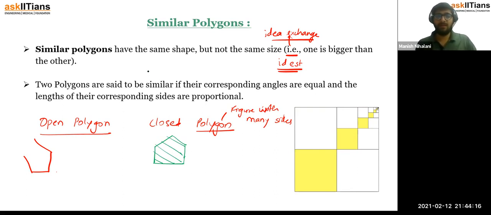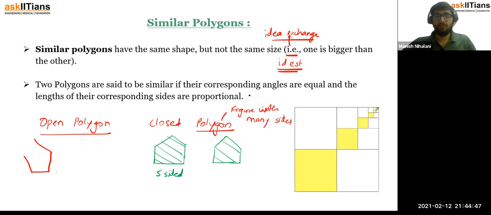So when we say there are two polygons, for example this is a pentagon, a 5-sided polygon, and this is a pentagon, exactly similar, right? These two pentagons are similar to each other because they have the same shape, but not the same size. If the sides of the pentagons are not the same, we would say they are not congruent polygons but they are similar polygons.